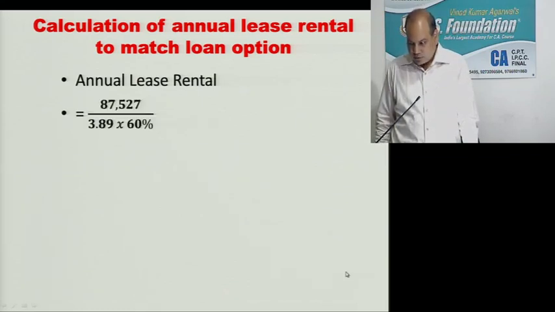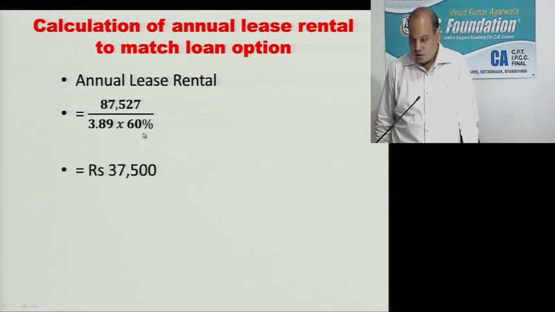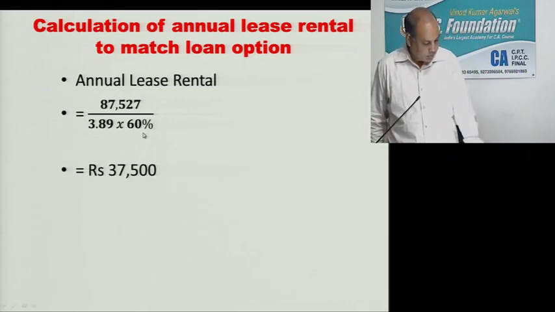Write down annual lease rental equal to, you write first, NPV of the loan option, 87527. This is what I want under lease option also. Divide by 3.89 and again into 60%, meaning you are dividing two times, first by this, then by this. So the answer will come to rupees 37,500. Is it right?